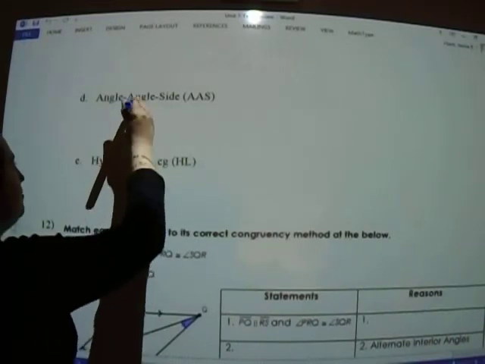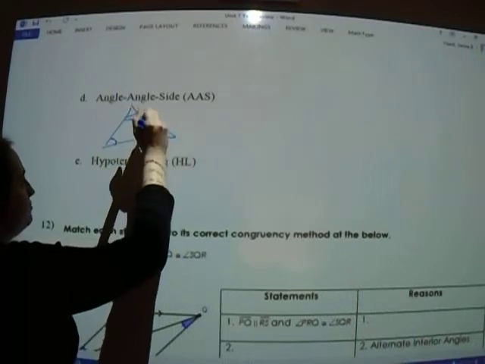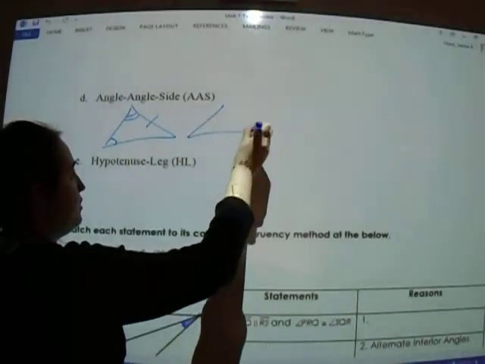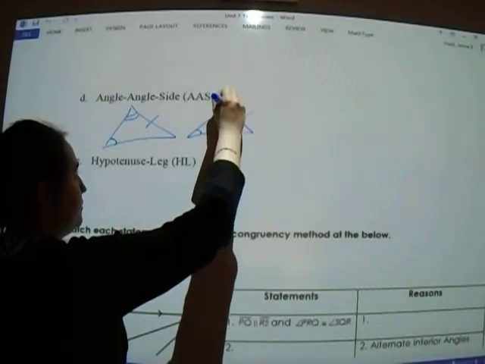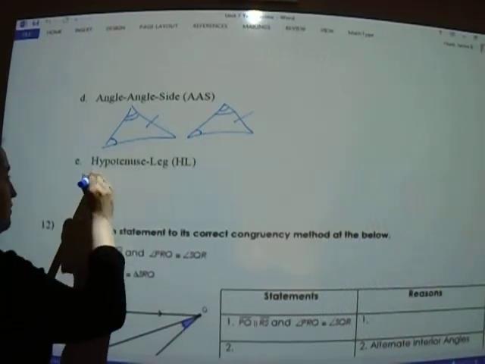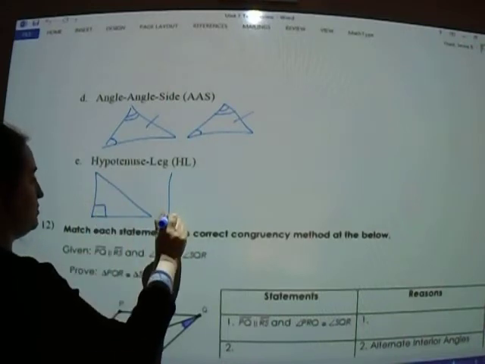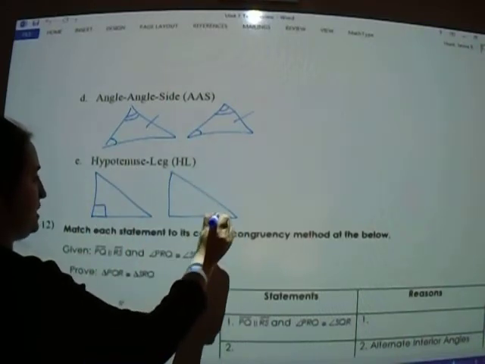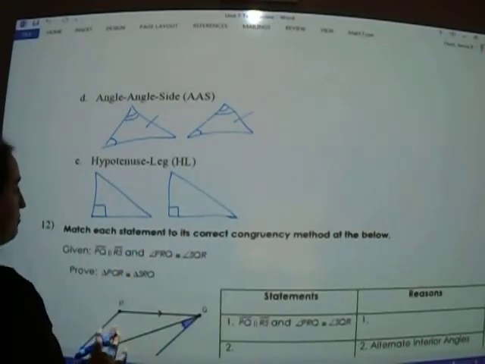Angle, angle, side, we have angle, angle, side, angle, angle, side. Alright? Finally, we have hypotenuse leg. Hypotenuse leg only applies to right triangles. Alright? So we have these right triangles. Hypotenuse leg means that it has a 90-degree angle.